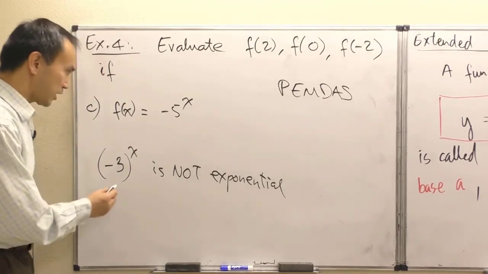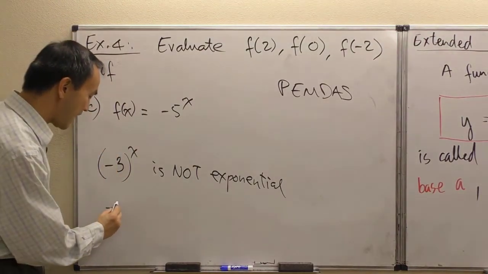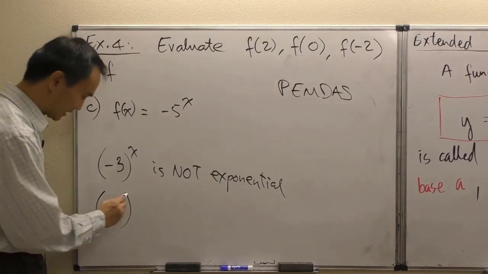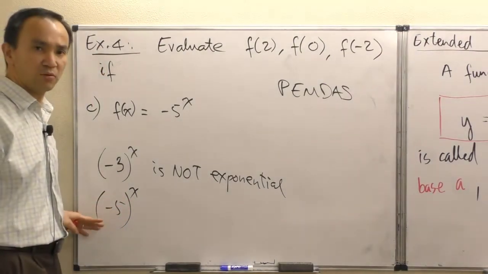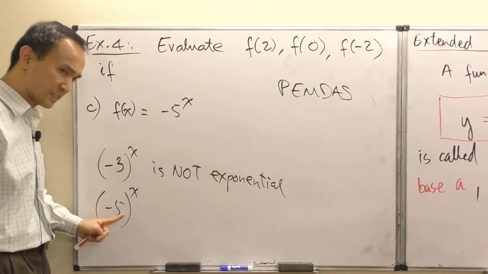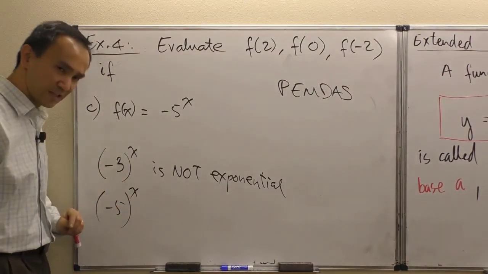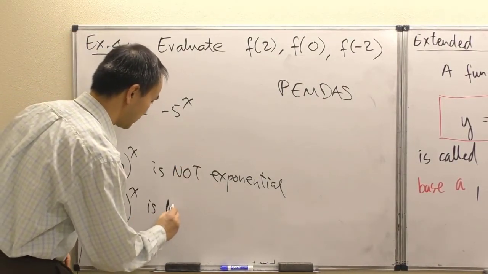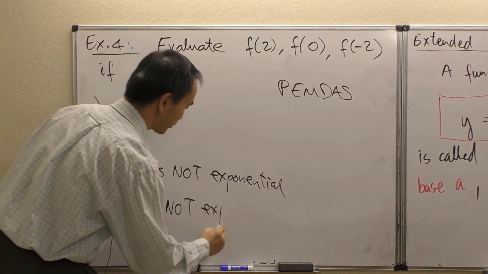And so similarly, if this problem was negative 5 in parentheses to the x, then I wouldn't even proceed. Okay, if the problem was negative 5 in parentheses raised to the x right here, I would not proceed. Okay, this is not exponential.